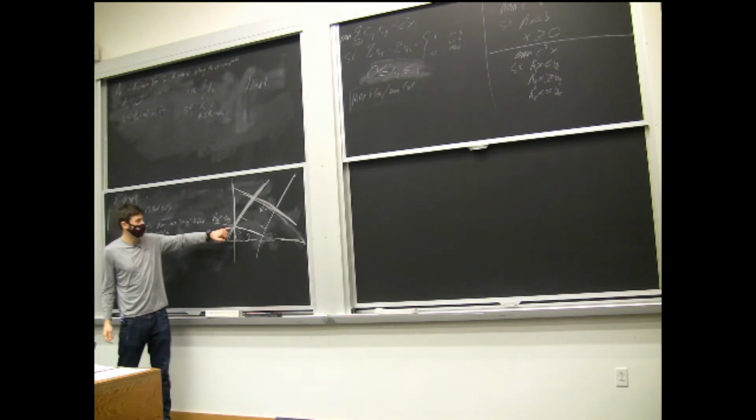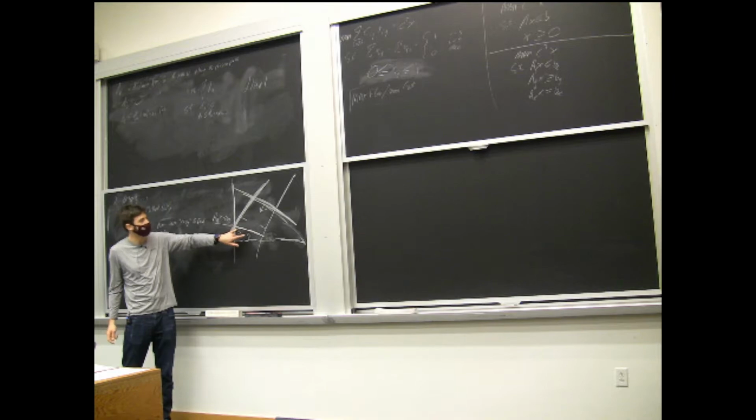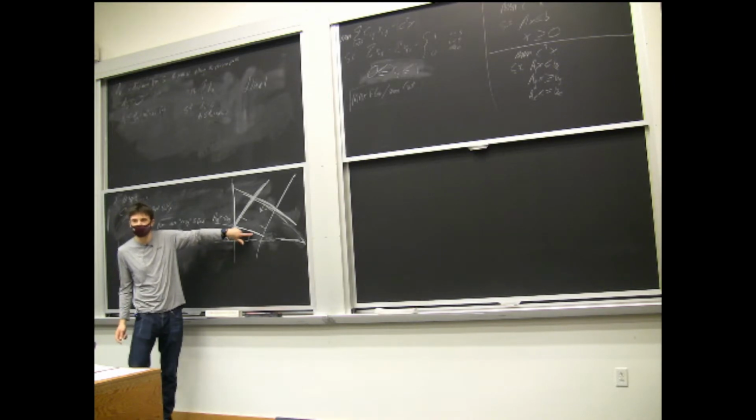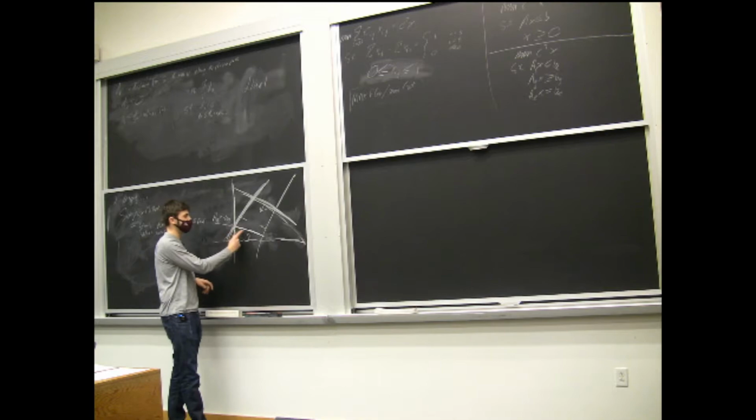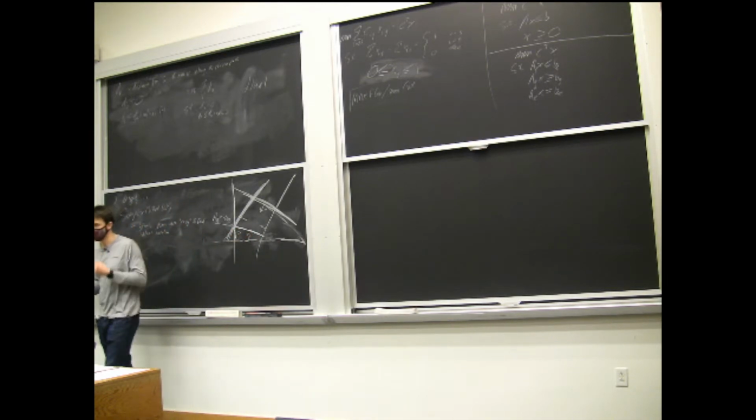If I have some linear equality that's not over-constrained, then this is the set of solutions I'm allowed to be on.